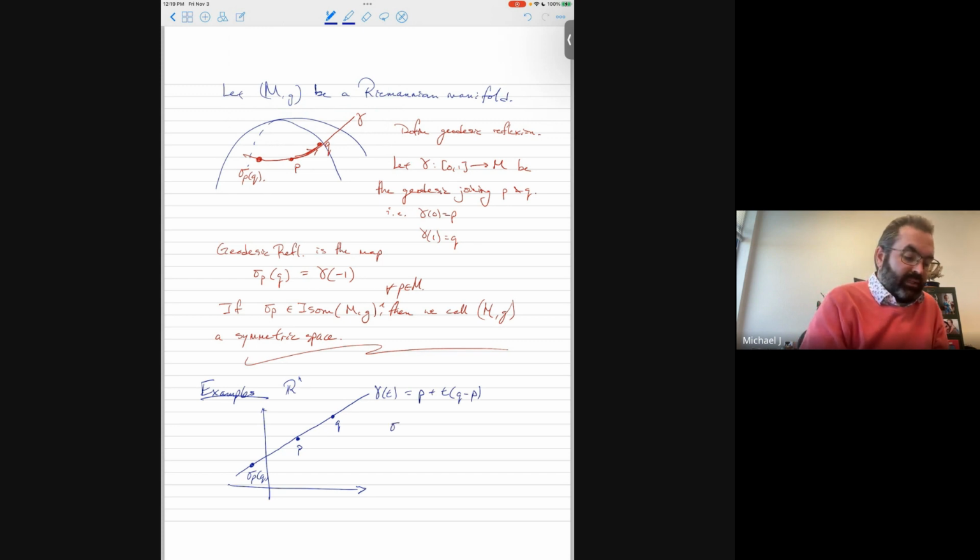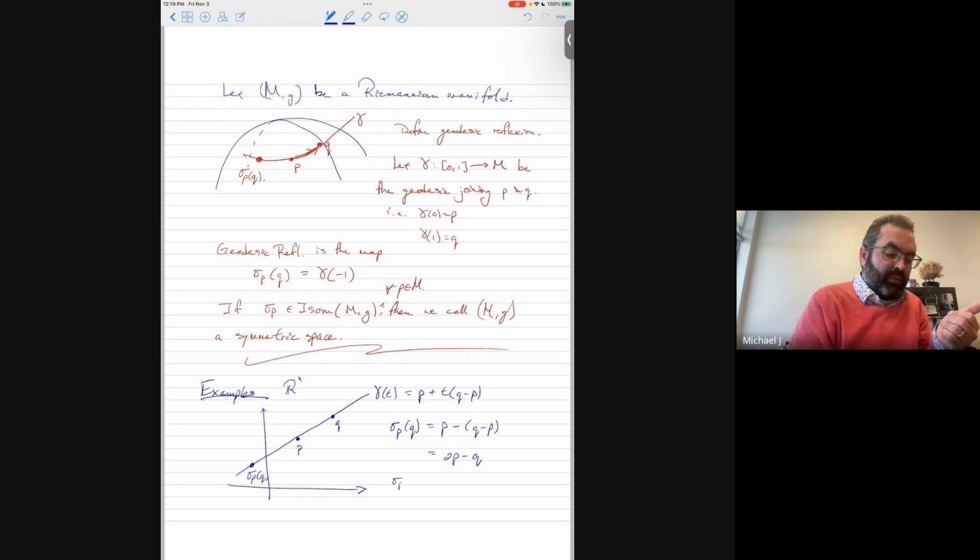And then sigma_P of Q would be P minus this, so it's 2P minus Q. It's a composition of inverting: sigma_P is translation by 2P precomposed with minus the identity. And both of those are isometries of R^n. So R^n is a symmetric space.